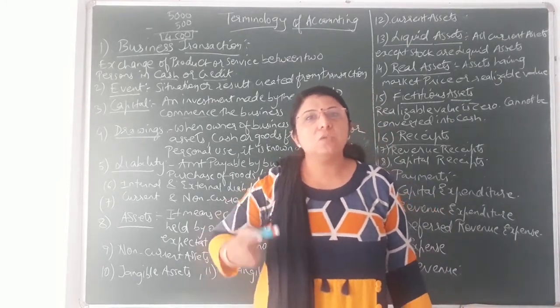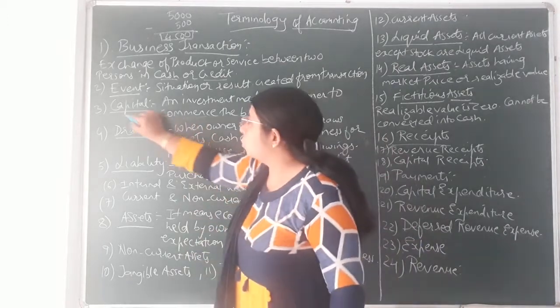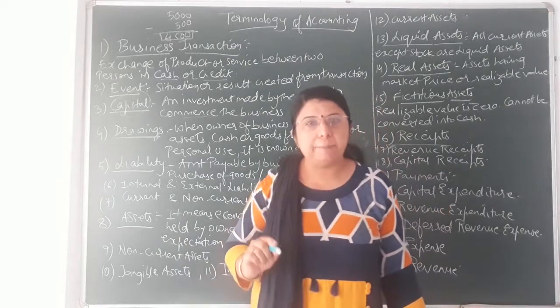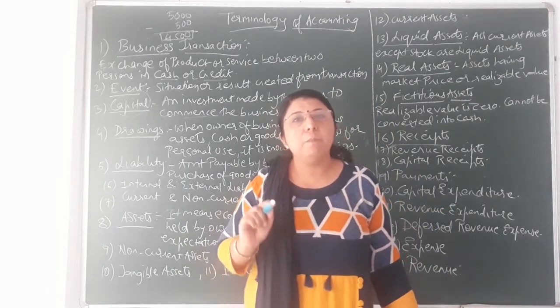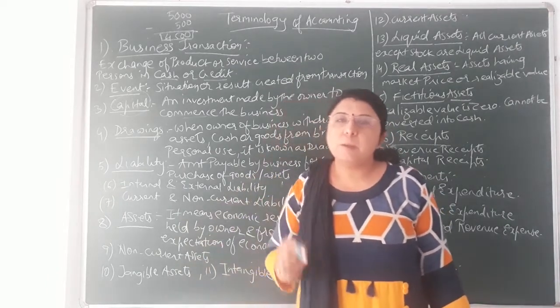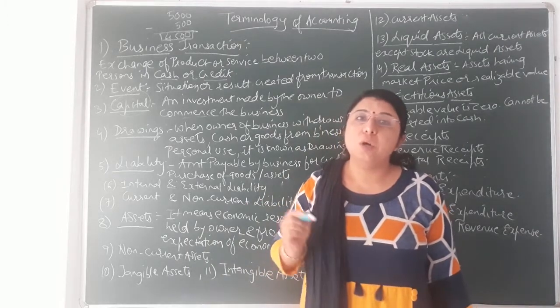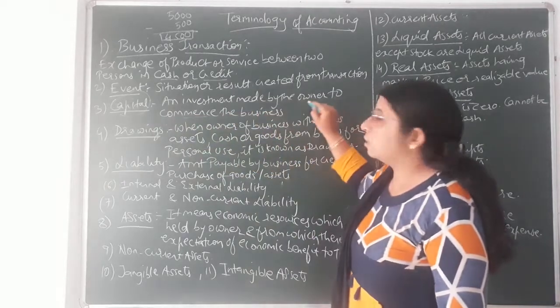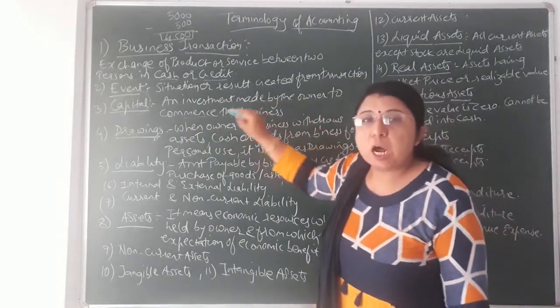So according to the business organization, the word capital also differs. Again repeating, for sole proprietorship, capital; for partnership firm, partners capital; and for company form of organization, shareholders capital. So this is the amount that is invested by the owner in order to start or commence the business.